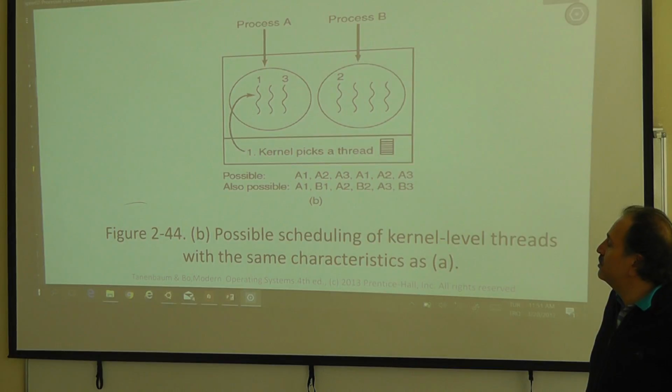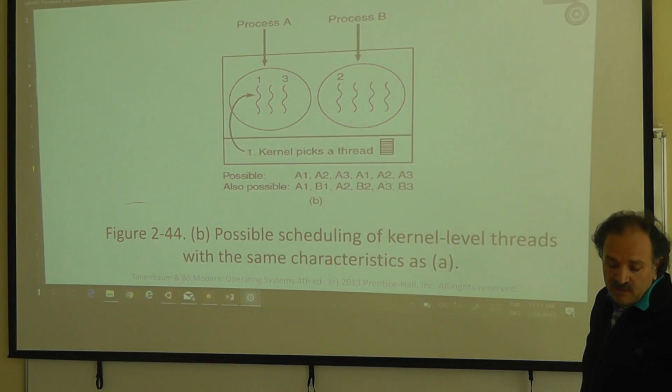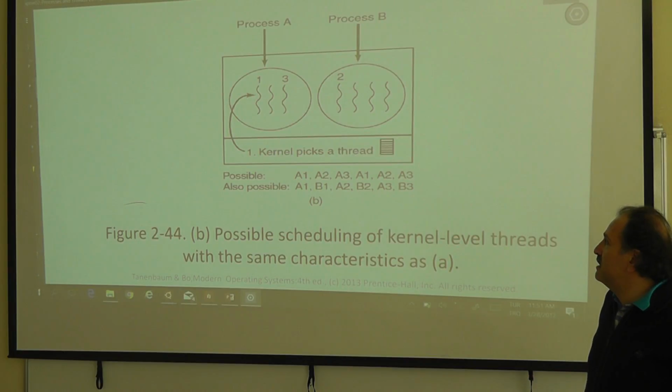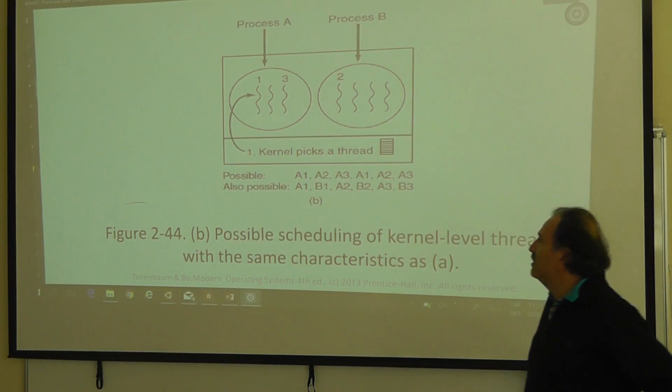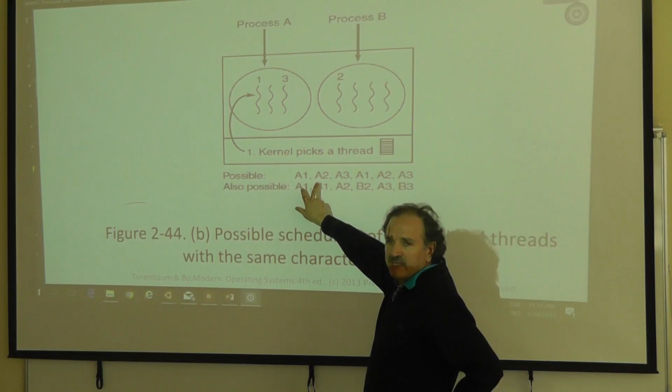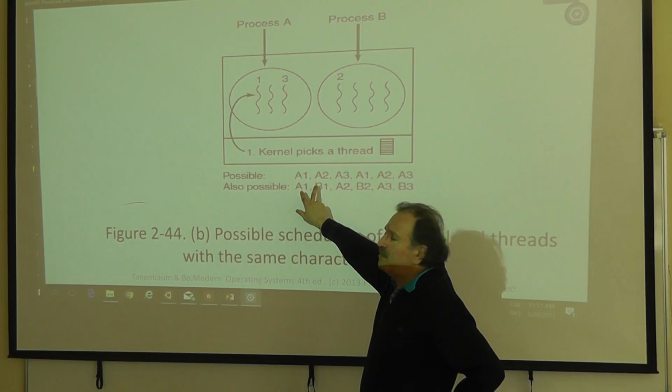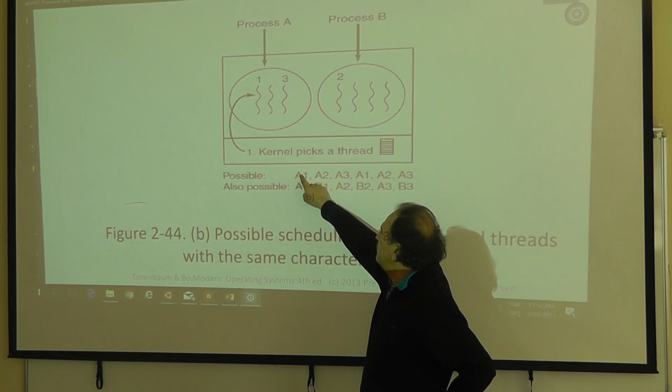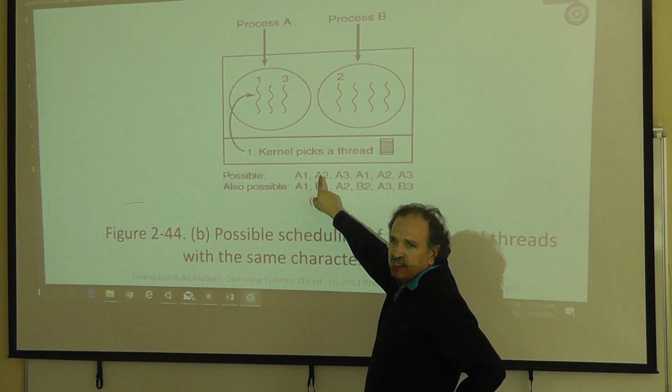So the scheduling of the kernel level threads is more flexible, but we know the problems with the kernel level threads. They are more expensive because you need to make system calls. When you switch from this thread to this thread, it is a full context switch. It is not that cheap anymore. Switching from A1 to A2 is cheaper.